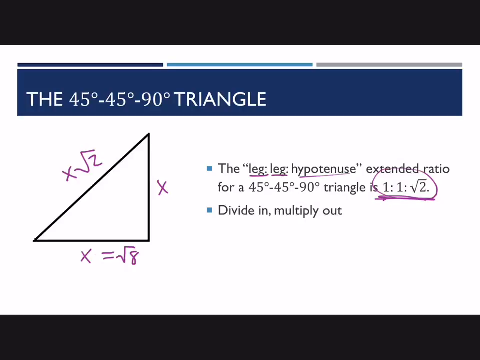Then you would just solve equations for the other side, so you could substitute square root of 8 in place of x. So this side would also be square root 8, and then this other side would be square root 8 times square root 2, which is square root 16, which is 4. So that's another way to do it.